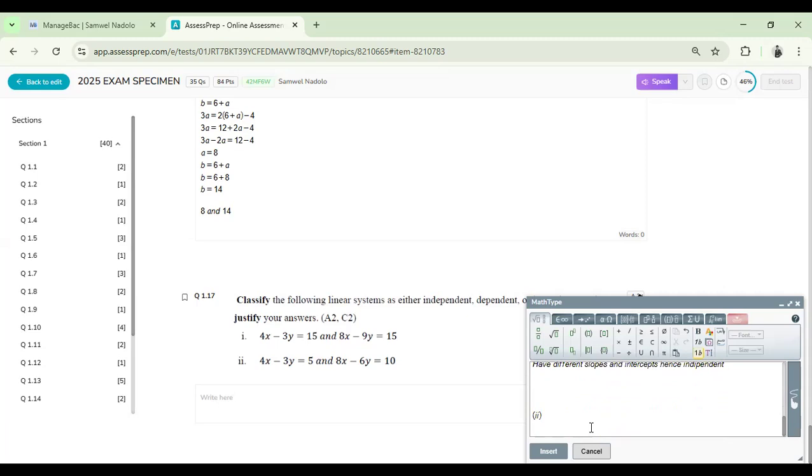4x minus 3y is equals to 5. Follow the same process to make y the subject. I'm not going to write the whole process down because you are not required to write, as long as you can make y the subject.